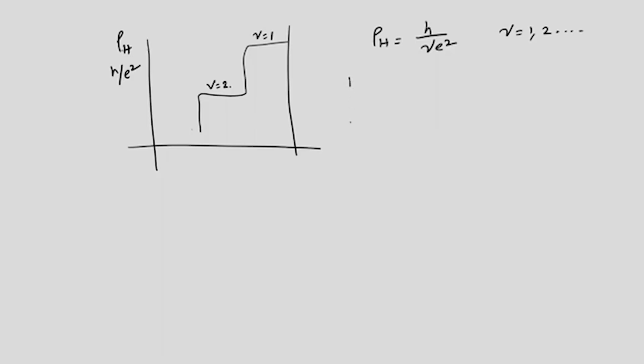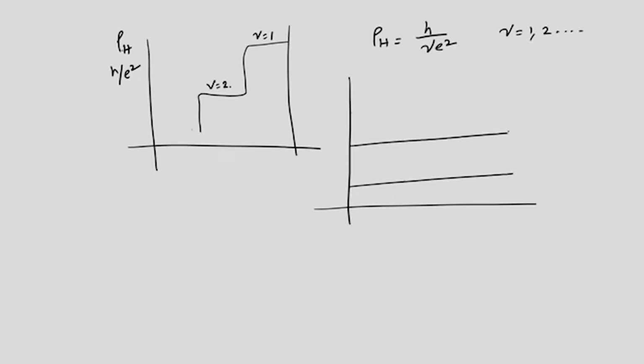So let's talk about the Landau levels. This is completely flat, so let me try to plot a flat Landau level, and say I just talk about only two Landau levels, n equal to 1 and n equal to 2, or n equal to 0 and n equal to 1, either is fine, just any two arbitrary Landau levels.